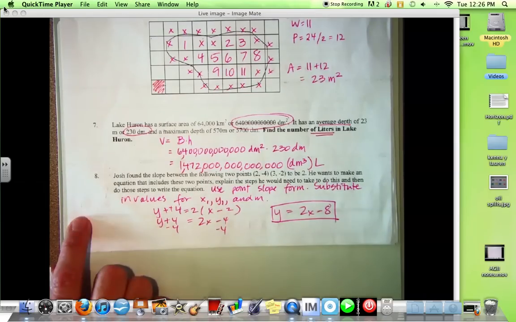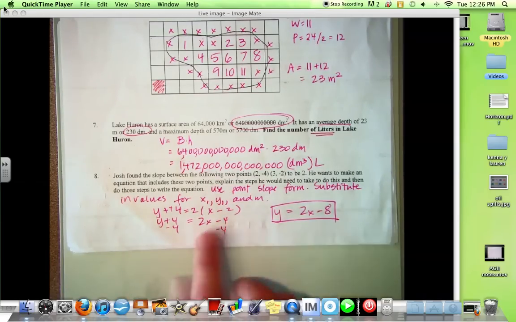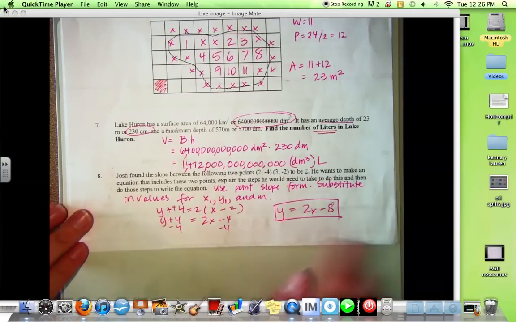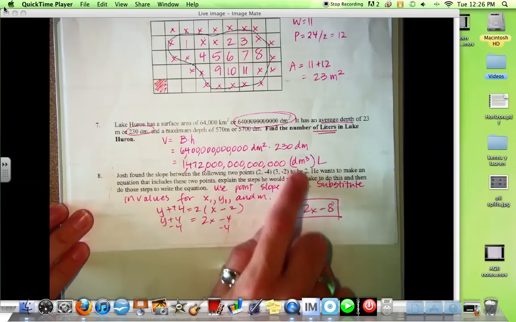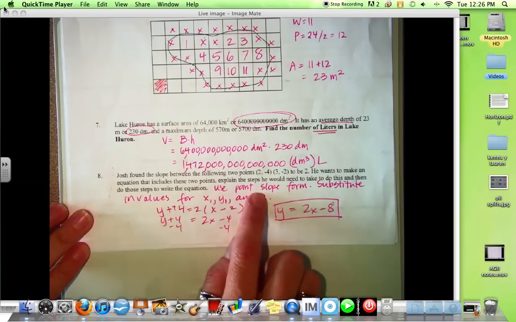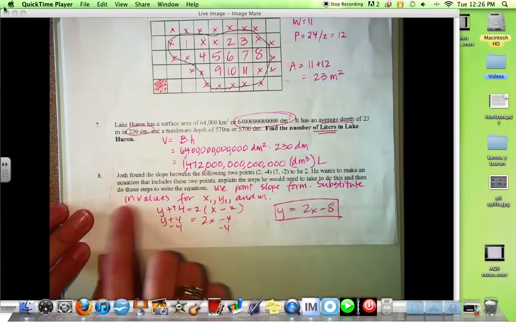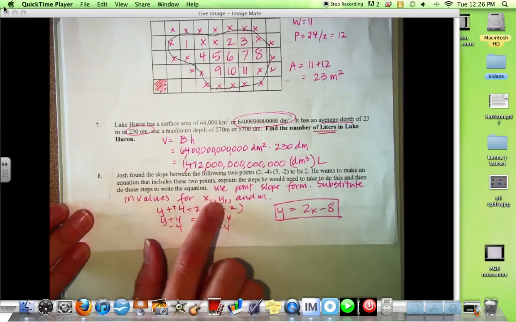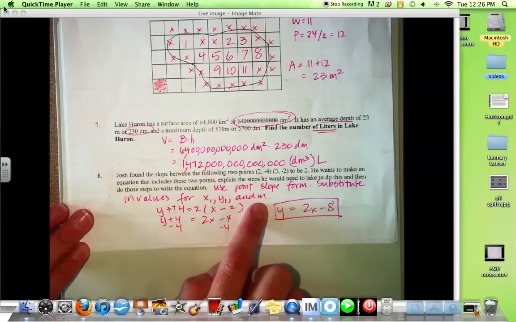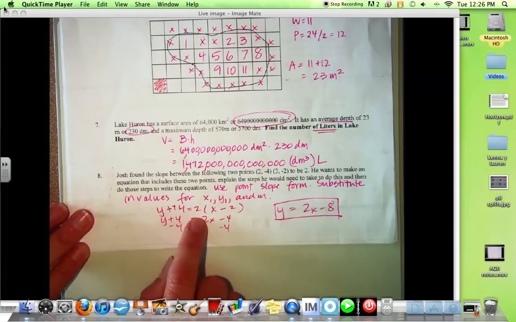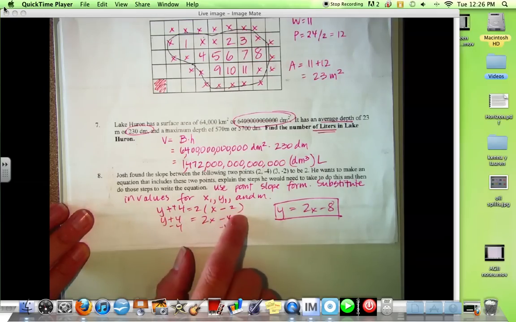All right, 8. Explain the steps you would need to take to do this, and then do those steps to write the equation. So, he already found the slope. So then you're going to use point slope form. Substitute in the values for x1, y1, and the slope. So that gives you y plus 4 equals 2 times x minus 2.